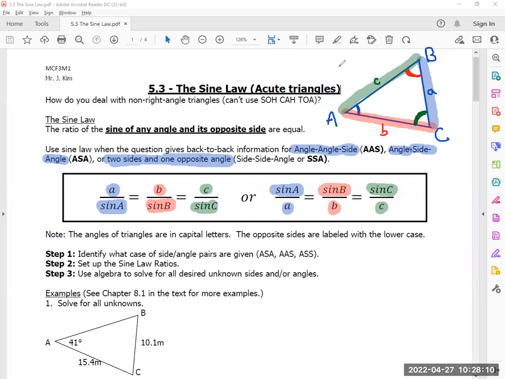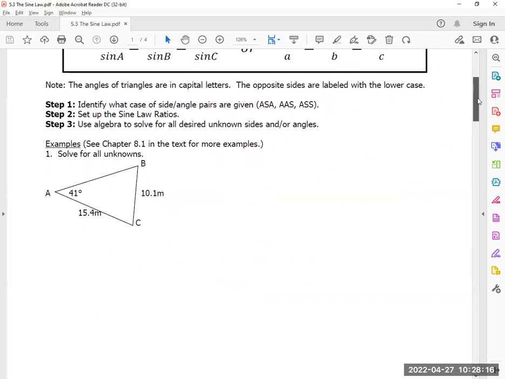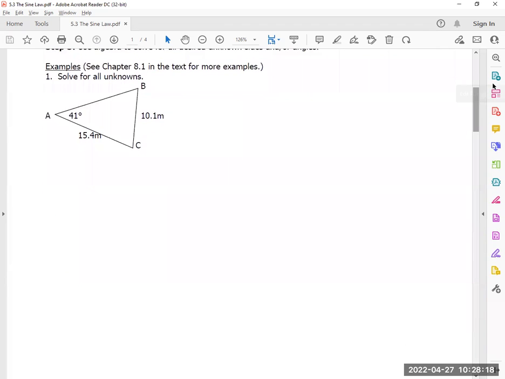Here we go. What do I mean by AAS, ASA, or SSA? Please, if you have a highlighter, highlight the information that is given to you. I have a side, and without lifting a finger, what do I also have?